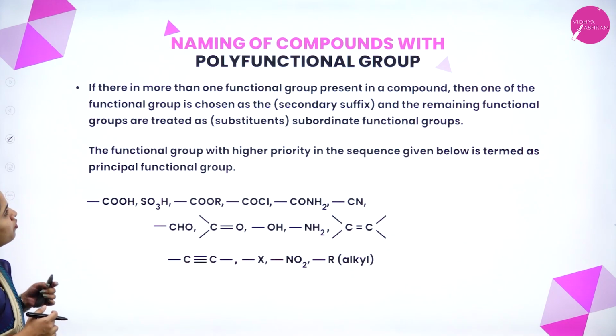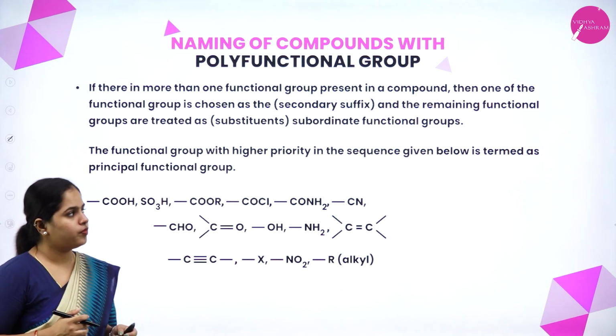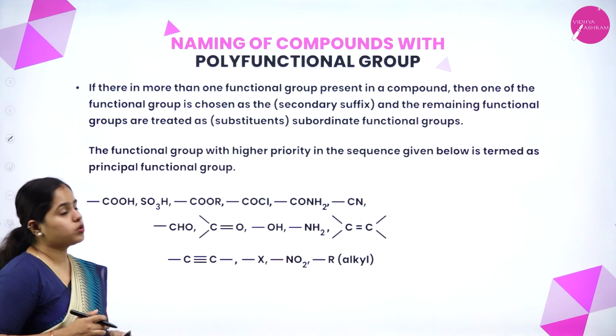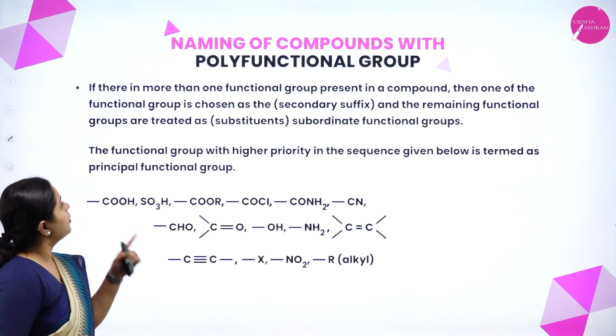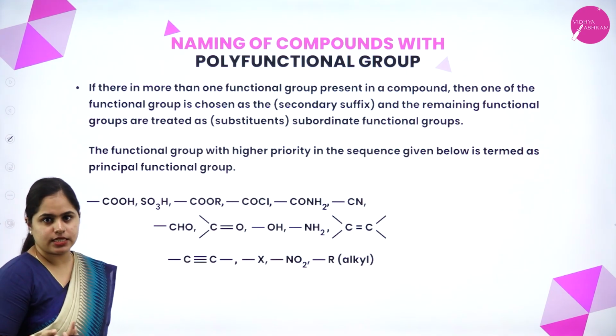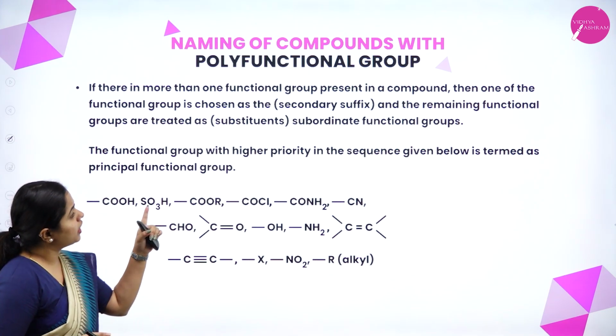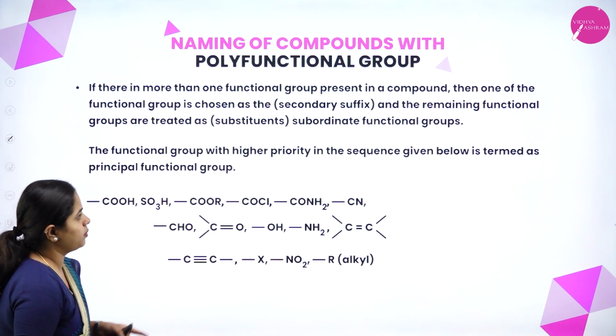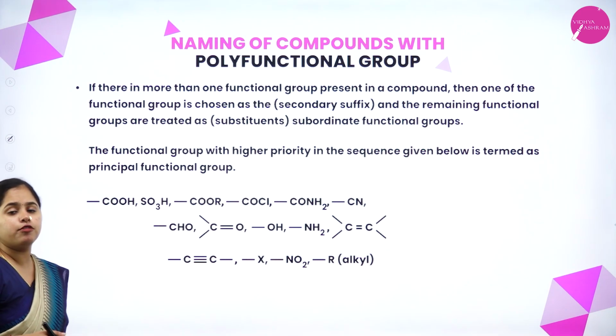If there is more than one functional group present in a compound, then one of the functional groups is chosen as the secondary suffix and the remaining functional groups are treated as substituents. The functional group with higher priority in the sequence given below is termed the principal functional group.